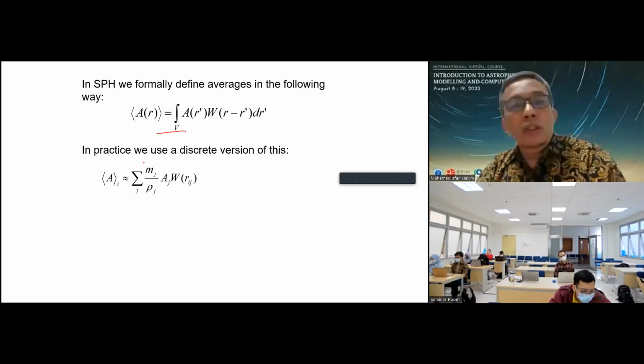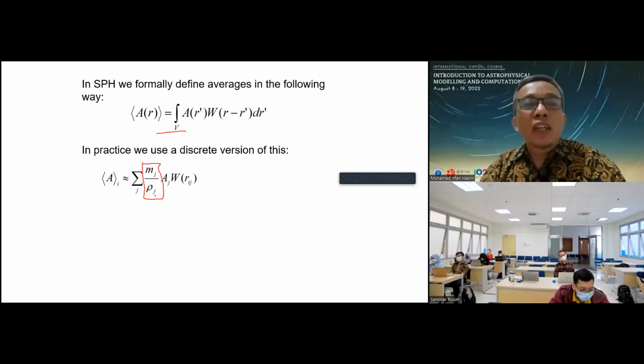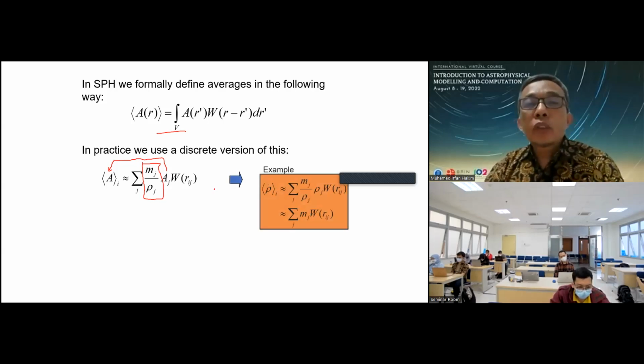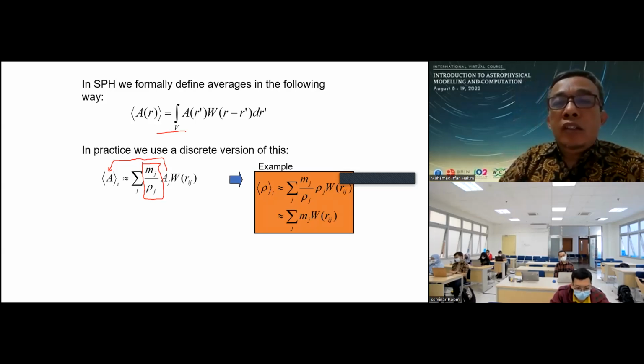Now we use this, let's say this prefix m_j on rho_j times A_j related to this average value, of course, times kernel function. Like this example for density.